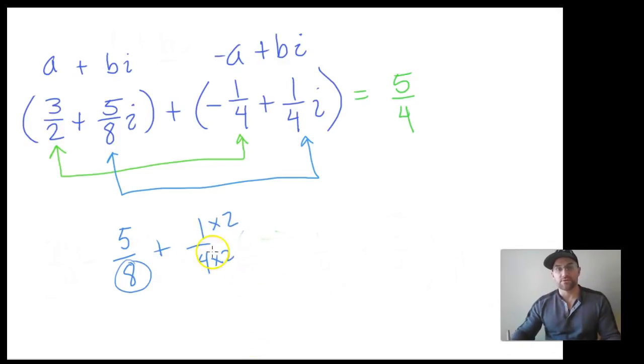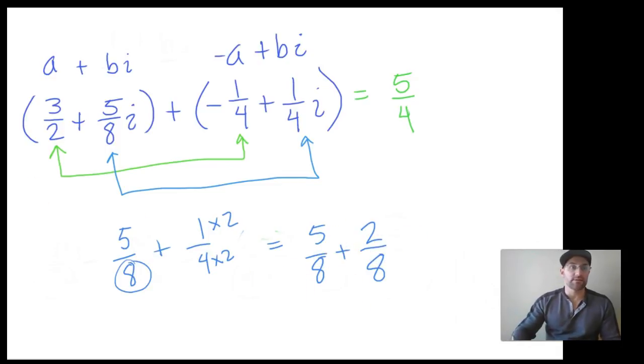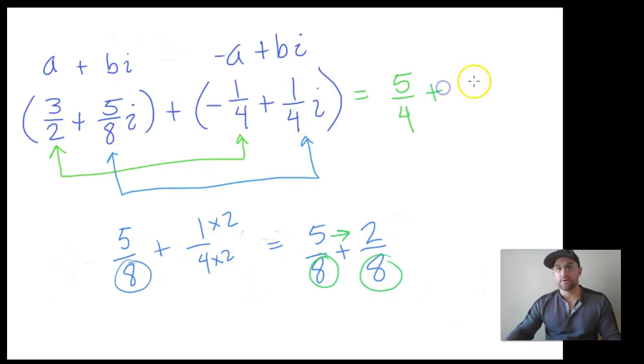So now we have 4 times 2 is 8, 1 times 2 is 2, so we end up with 5/8, positive 2/8. We worked so hard to get that lowest common denominator right here, so we keep it. We just add straight across, we end up with positive 7/8 I.